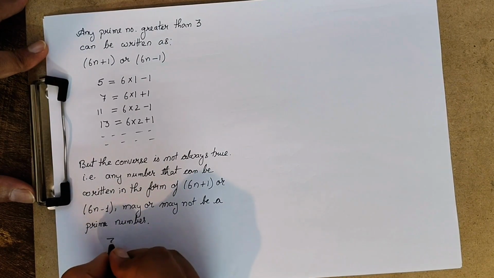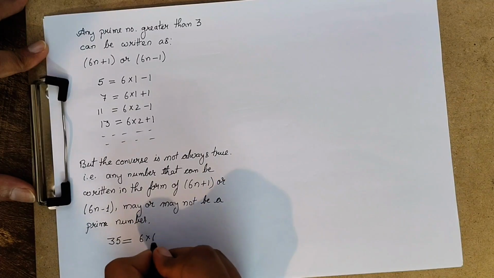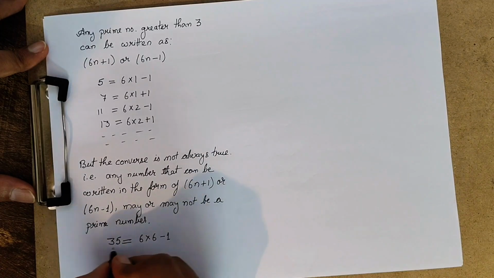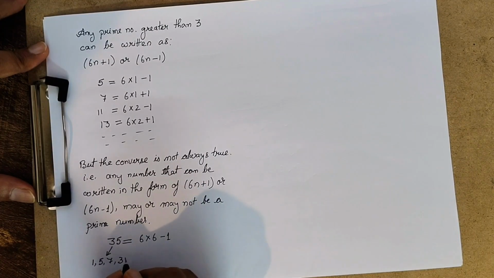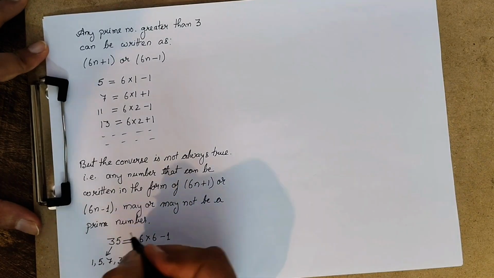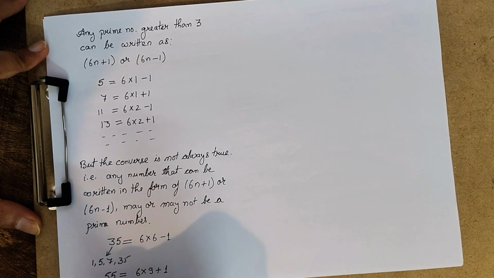Let's take some examples. 35 can be written as 6 into 6 minus 1, where the value of n is 6. But 35 is not a prime number. We have factors of 35 as 1, 5, 7, 35, more than two distinct factors. Similarly, 55 can be written as 6 into 9 plus 1, and we know that 55 is not a prime number.